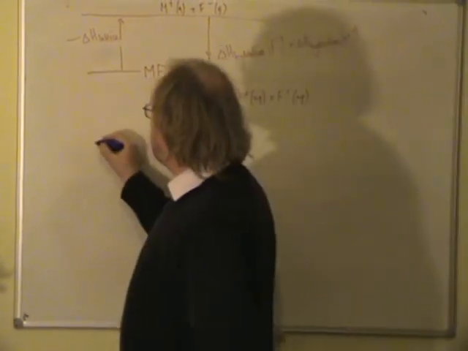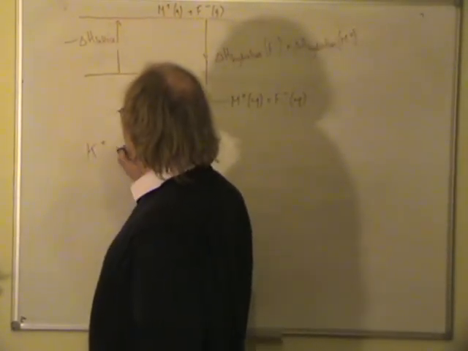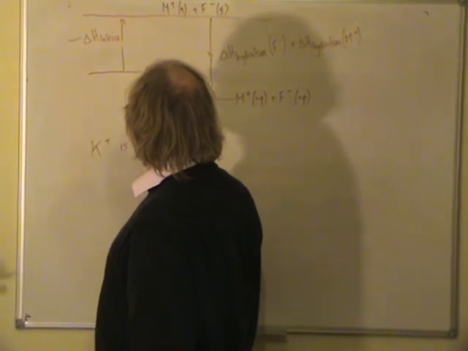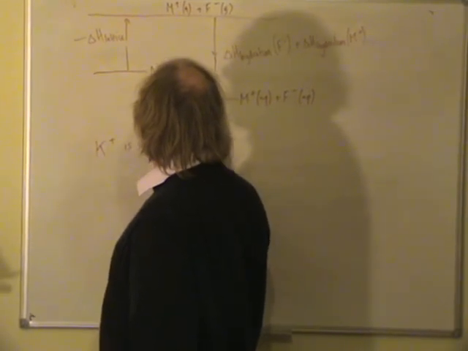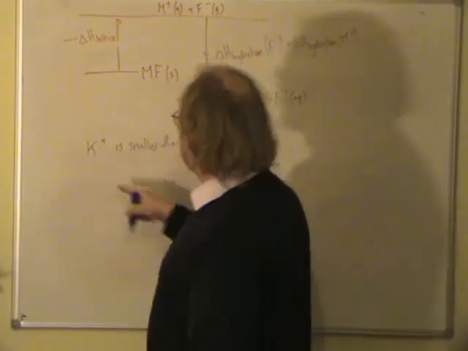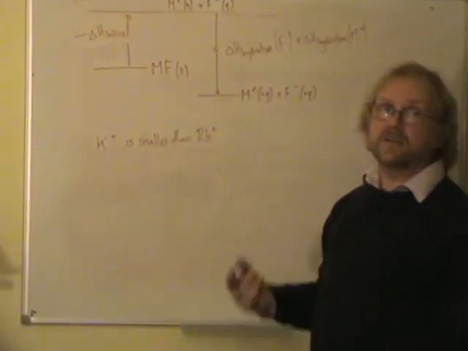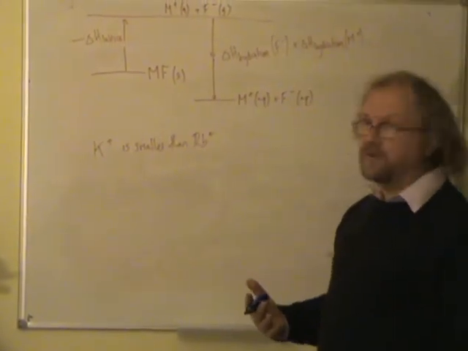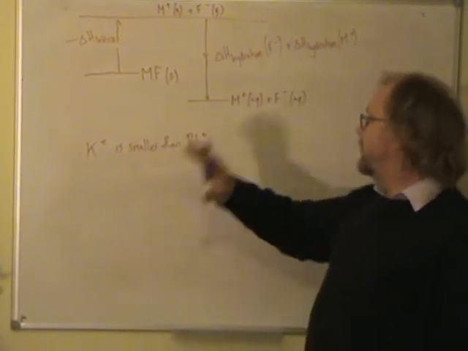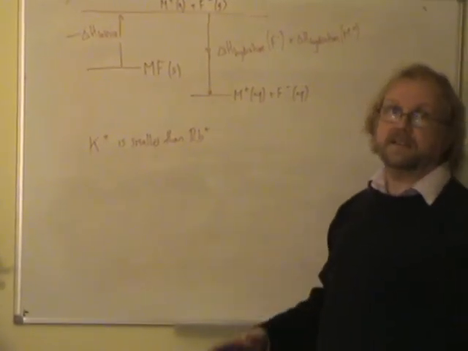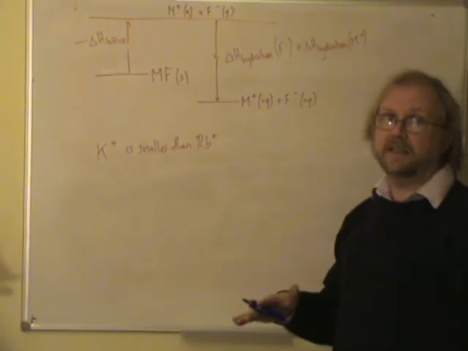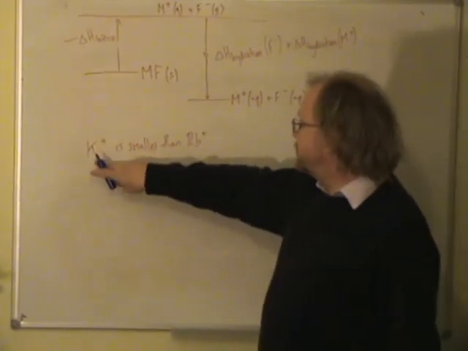So what you'd say is, remember that K plus is smaller than Rb plus. So just a reminder here that you've got to be very careful about that. Don't say potassium is smaller than rubidium, or still worse, a potassium atom is smaller than a rubidium atom. We are talking about ions here, and so you must specify the particle.